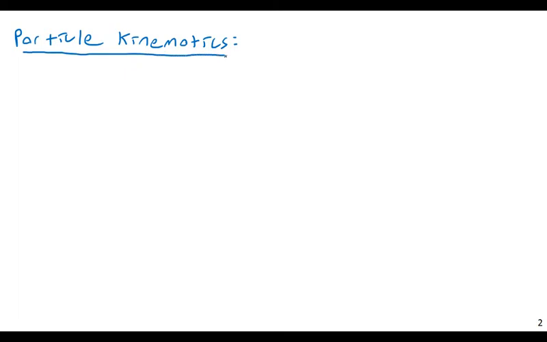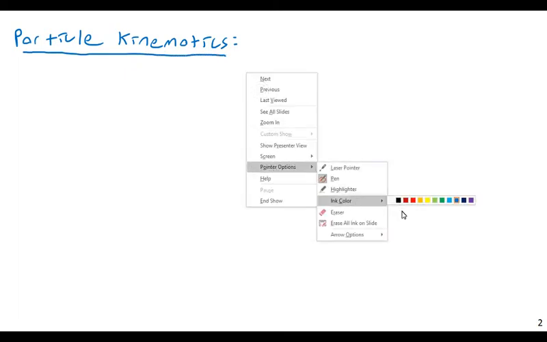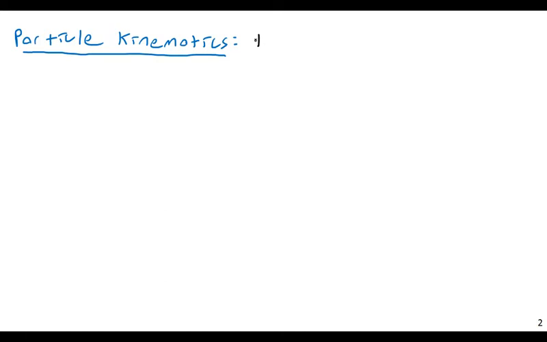Well, it is obviously the kinematics of particles. And so if I'm going to define this in terms of the kinematics of particles, then I better define exactly what I mean by a particle.